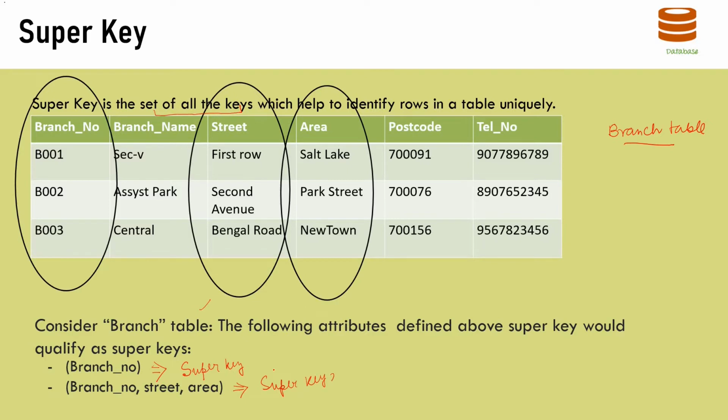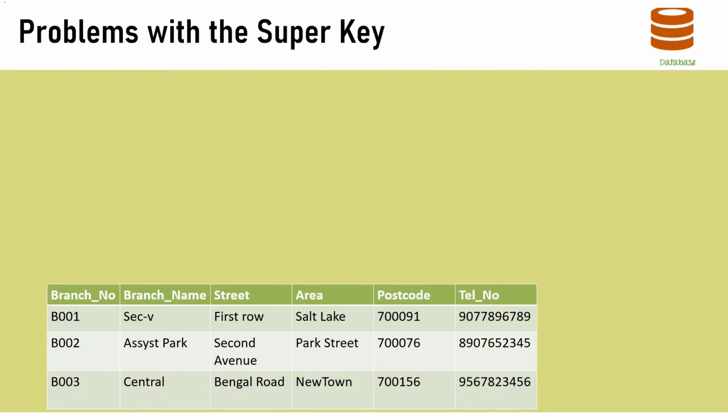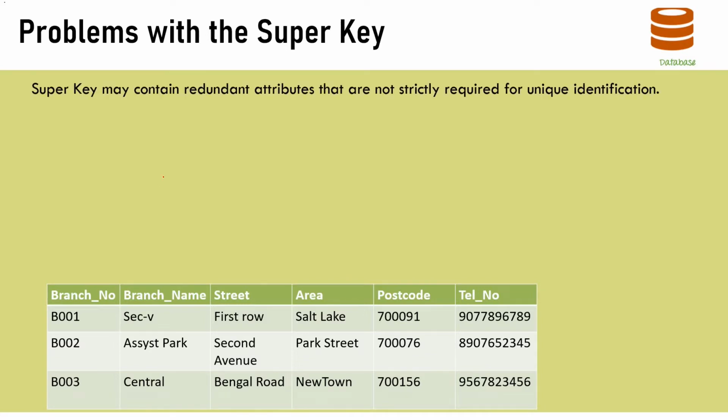Again, if you take branch number, postcode and telephone number, they are also a super key because they also uniquely identify any row for the same reason. That's why we have seen that these three are the super keys of this branch table. But then what is the problem with the super key? The main problem is that it sometimes contains redundant attributes which are not strictly required for unique identification.